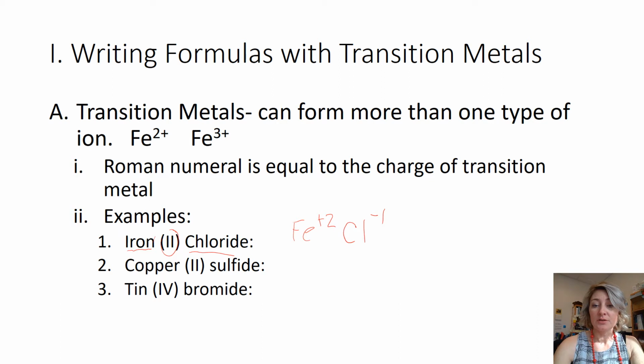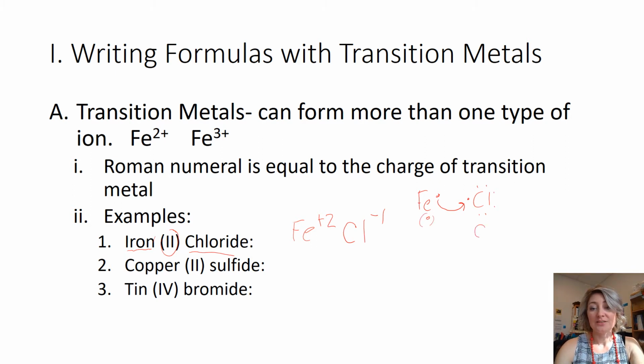So you have an iron that has 2 valence electrons, and you have a chlorine that has room for 1 valence electron. So one of these electrons is going to transfer from the metal to the nonmetal, but notice that we still have 1 extra electron.